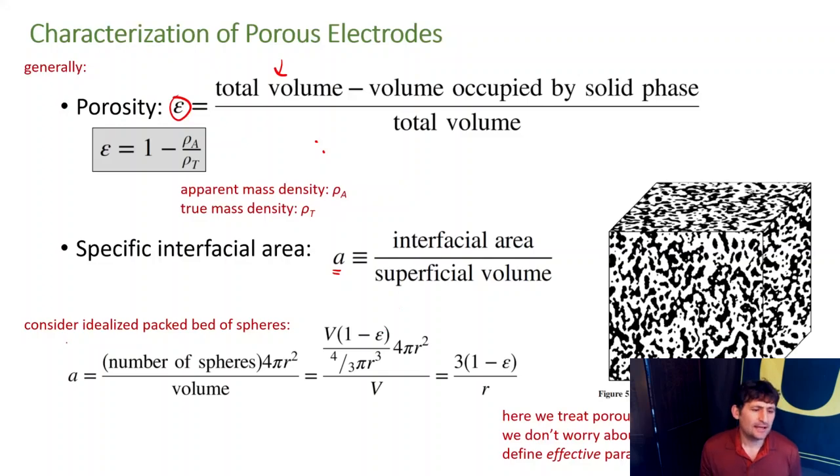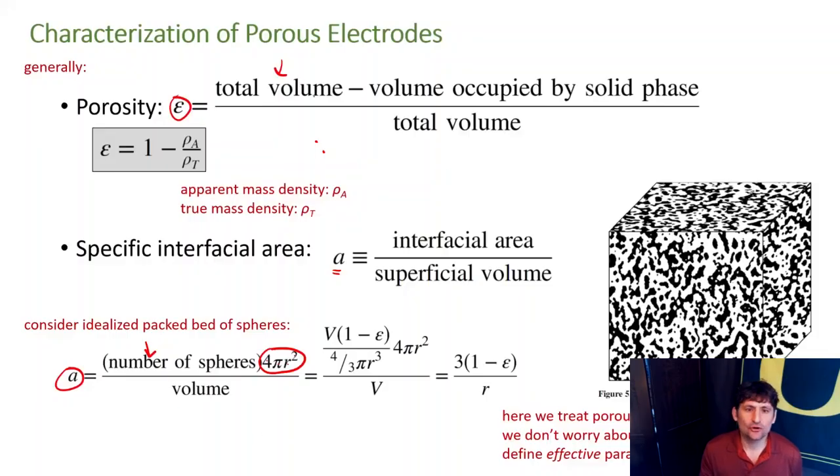electrode. And now I want to give you an example of how you might estimate the porosity of a given electrode. So you could imagine an electrode consisting of an idealized packed bed of spheres. And so the total interfacial area would just be the number of spheres times the surface area of each sphere, 4 pi r squared.